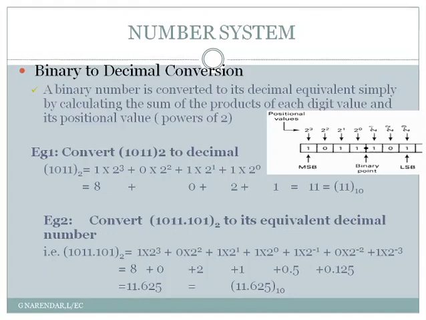So what is the method for converting a given binary number into a decimal number? You can convert any binary number to its equivalent decimal number simply by calculating the sum of the products of each digit value and its position value.